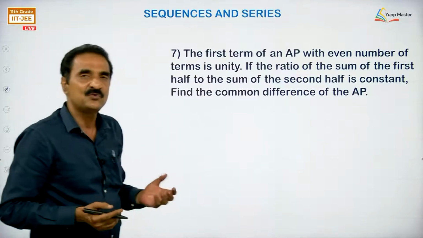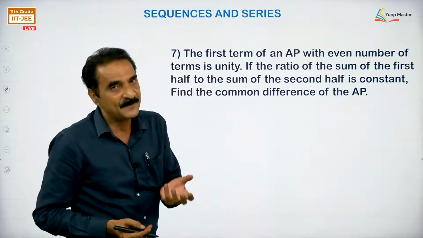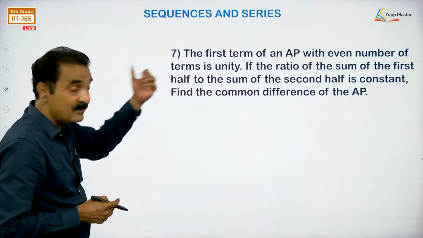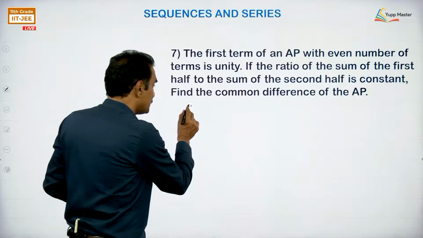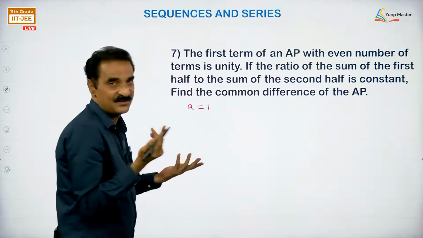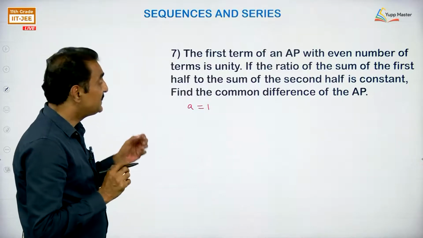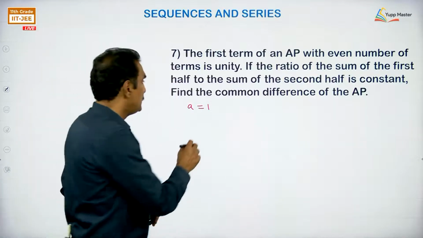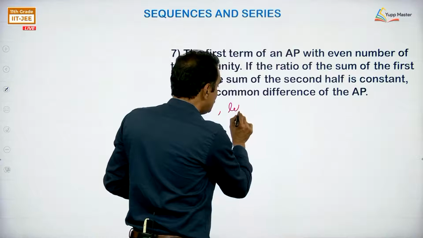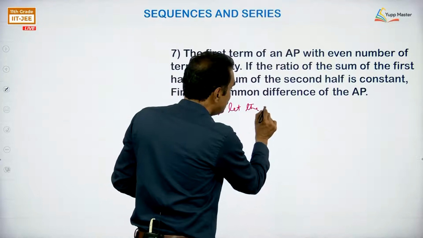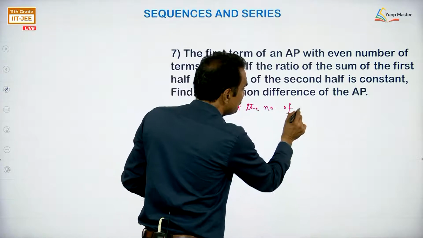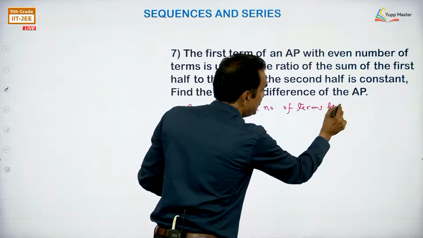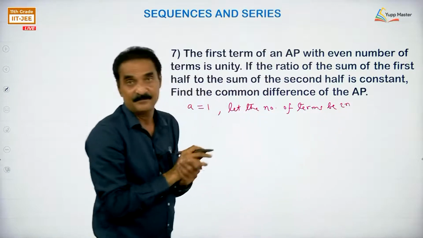As usual, we assume first term as a, common difference as d. First term is given as 1, so a is equal to 1. Common difference is d. And there are even number of terms, so let the number of terms be 2n because it is even.